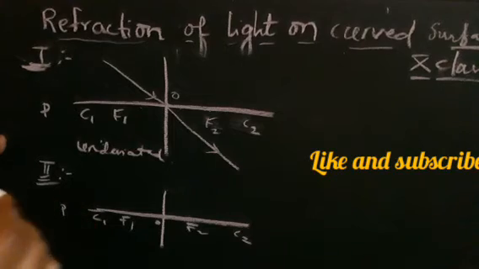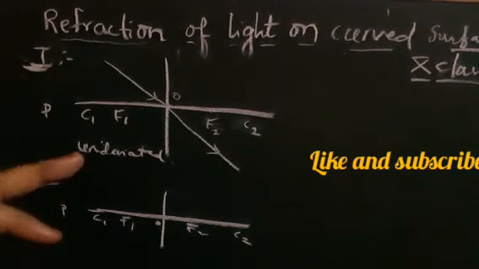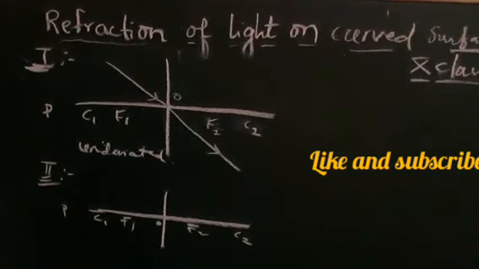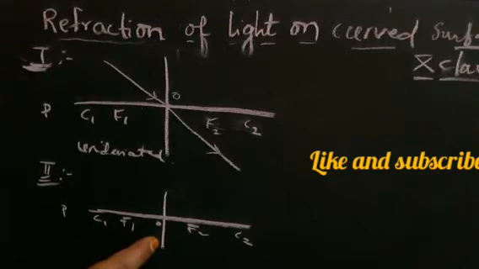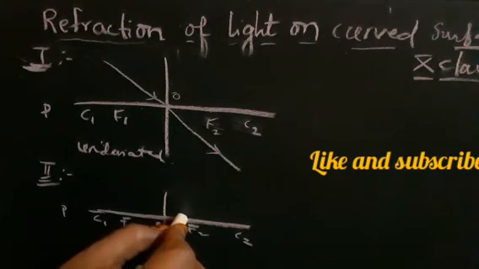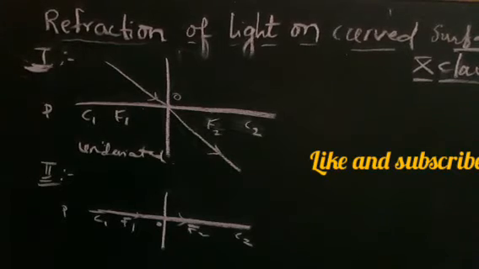When the ray is traveling along the principal axis, it also remains undeviated. Okay, if it is passing along the principal axis, it remains undeviated. There is no change in the ray.